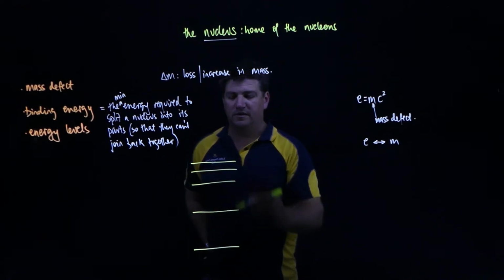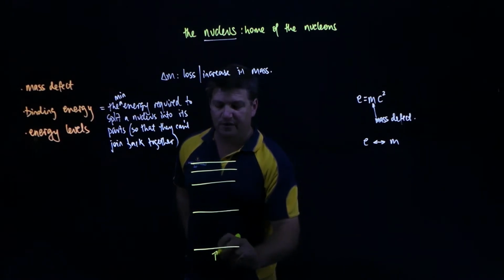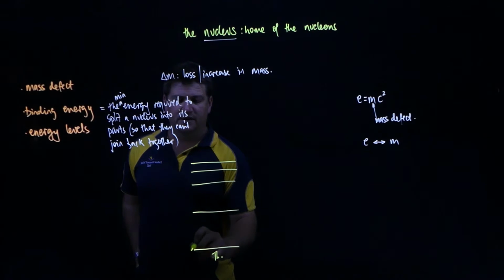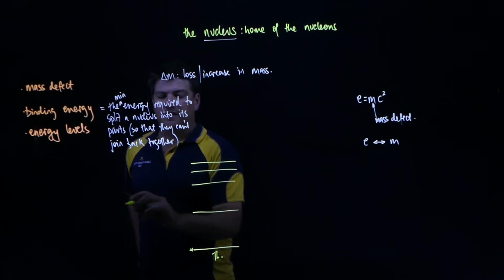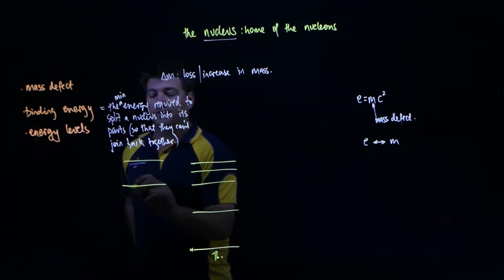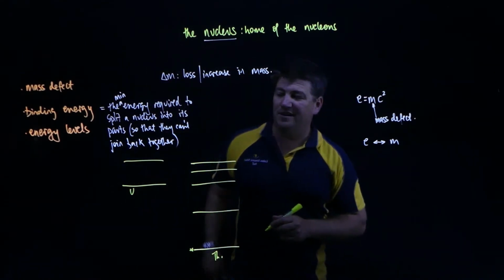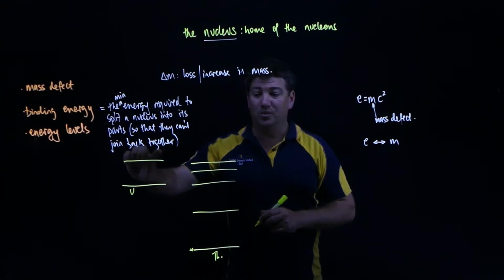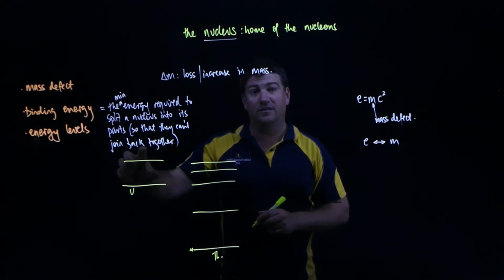So this might be the energy levels for, say, thorium. And so here's the ground, that's ground. It might be that the product that decayed into that was uranium, and its ground energy might be here. So it's actually got a little bit more, naturally in its binding energy.